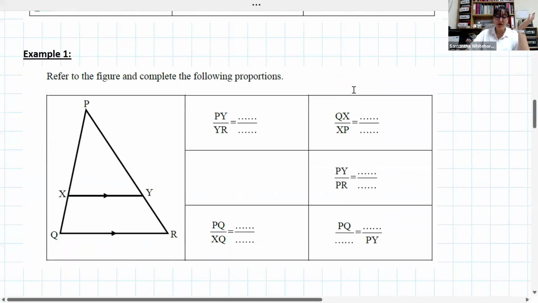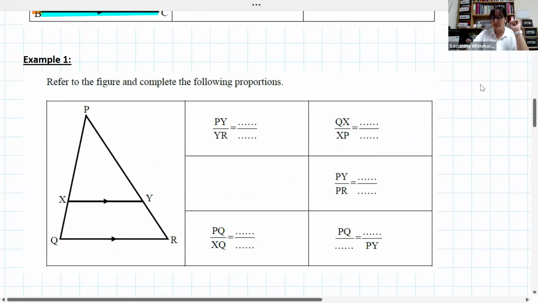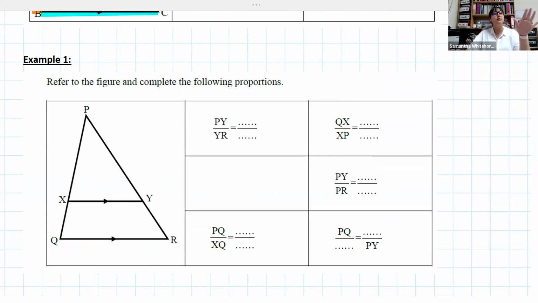Look at it and write it down. That's all I'm asking from you. So I'll do a couple with you, but you're going to do some by yourselves. And again, it's not because I think you can't do it, but it's because we can set up ratios in so many different ways. We need to be comfortable with it, because we're going to need to get to a point where I look at a diagram and I say, okay, this is the information I have. This is what I'm looking for. This ratio makes the most sense.